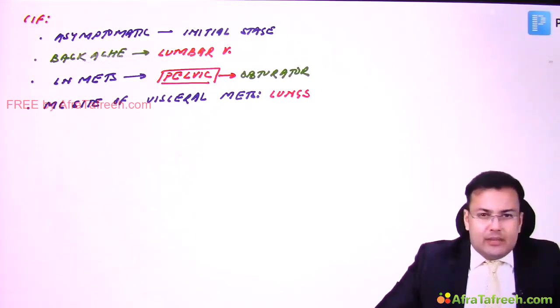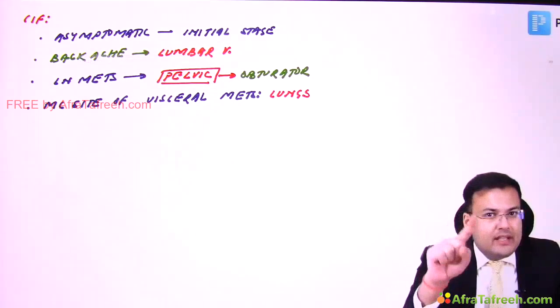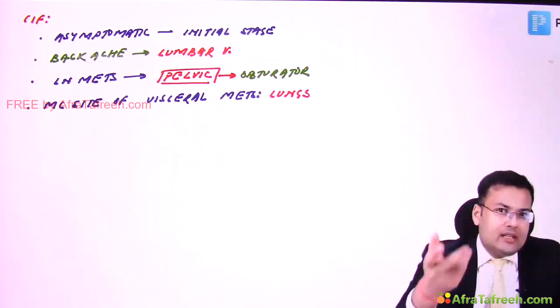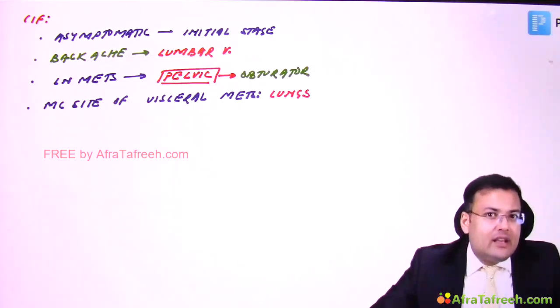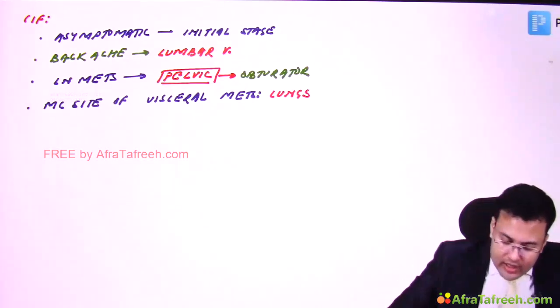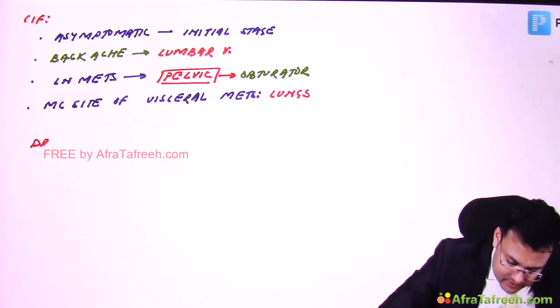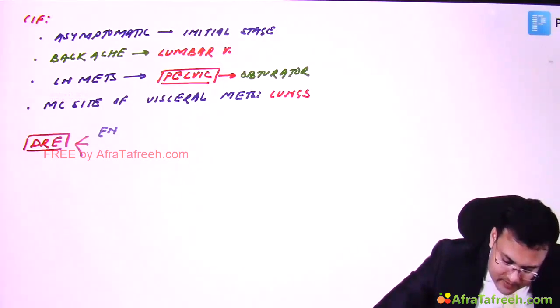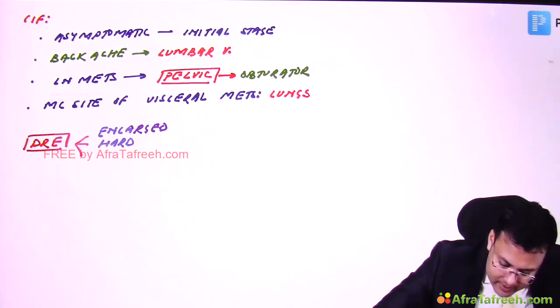Whenever these patients come to our OPD, what do we perform after taking history? We perform digital rectal examination, and on digital rectal examination the prostate is enlarged, it's hard, and there is median sulcus obliteration.